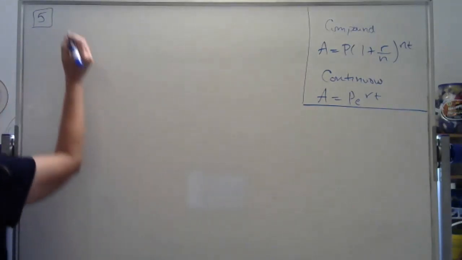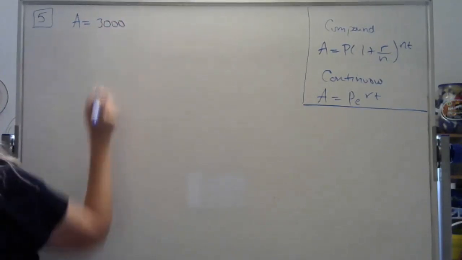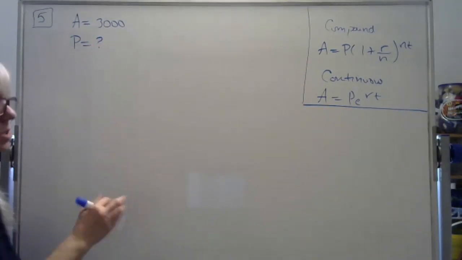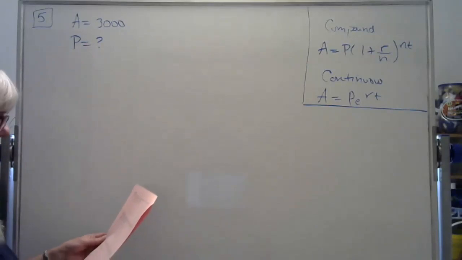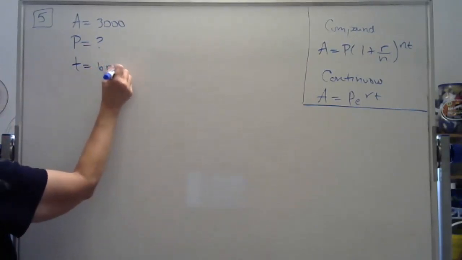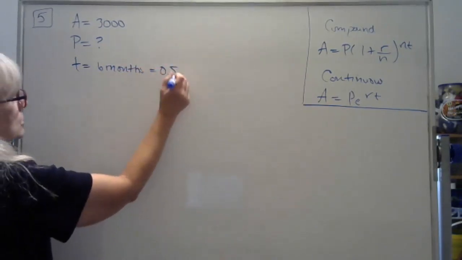Okay, so what they're asking us is, we know that the amount that I need at the end of 6 months is the $3,000. I'm trying to figure out how much I need right now to invest so that at the end I have that $3,000. Time here is goofy. It's 6 months, but I need that in years, so that's going to be 0.5 years.